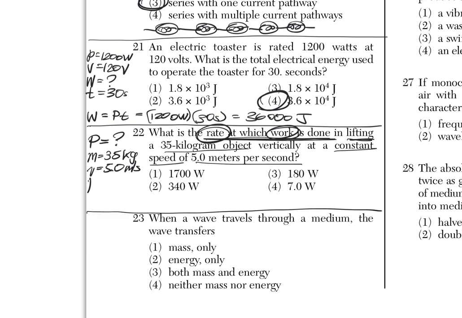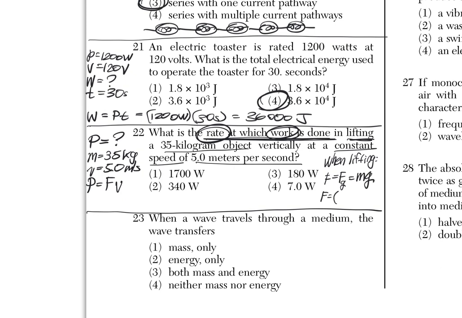Well, I know that power is FV, and I know the speed, and I'm looking for the power. Now, they didn't give me the force, they gave me the mass. But when lifting, the force is the weight of what you are lifting when at a constant speed. So that's mg.